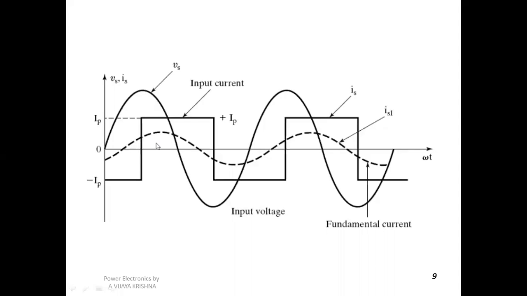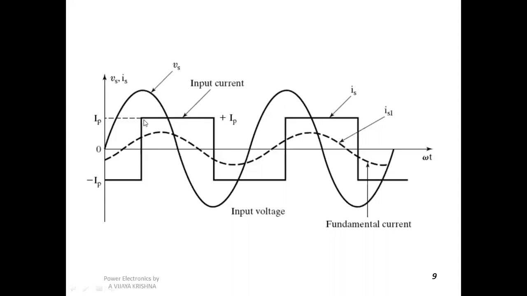Here, whenever the thyristor is triggered, this is the pulse, which is the switching pulse or firing pulse. If you observe, at about 60 degrees or between 60 and 90 degrees, with respect to the firing angle alpha, the thyristor is triggered or fired.